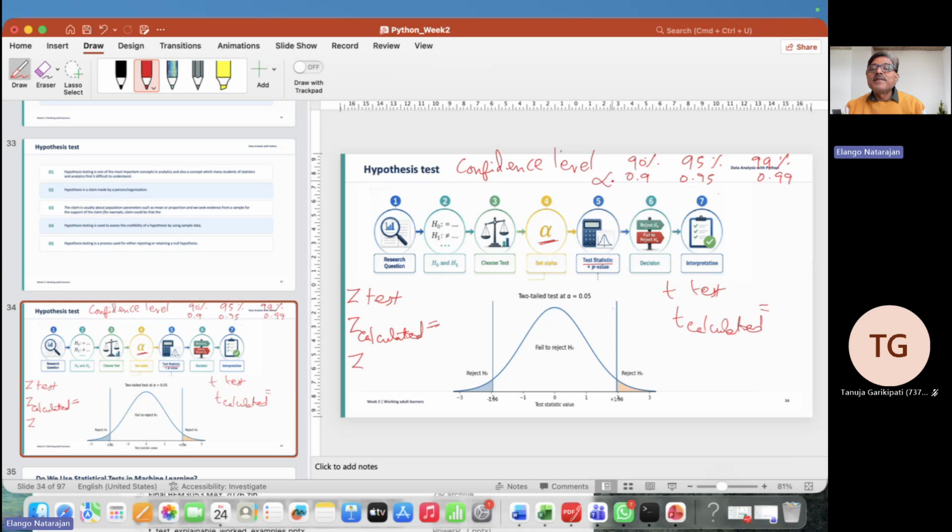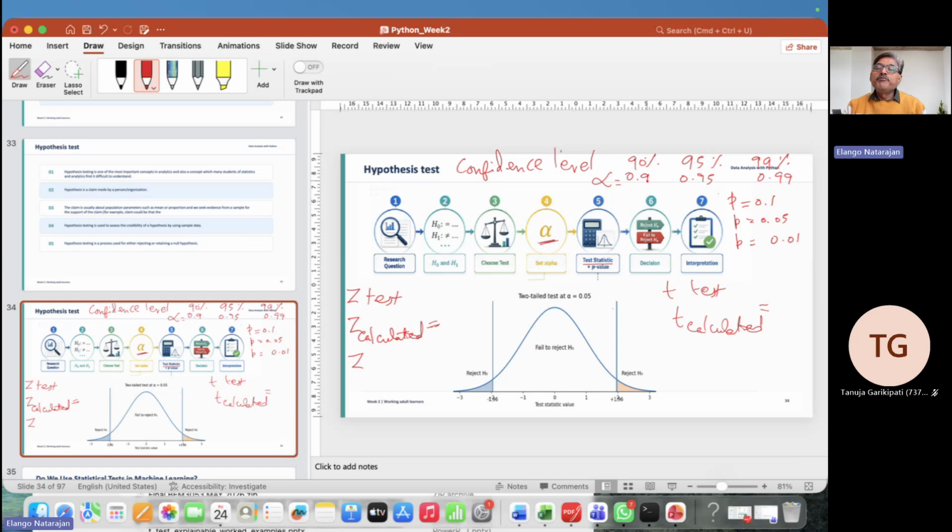Based on this alpha, we use another term called p value. P value will be 0.1 or 0.05 or 0.01 something. So based on this alpha, we choose the p value.